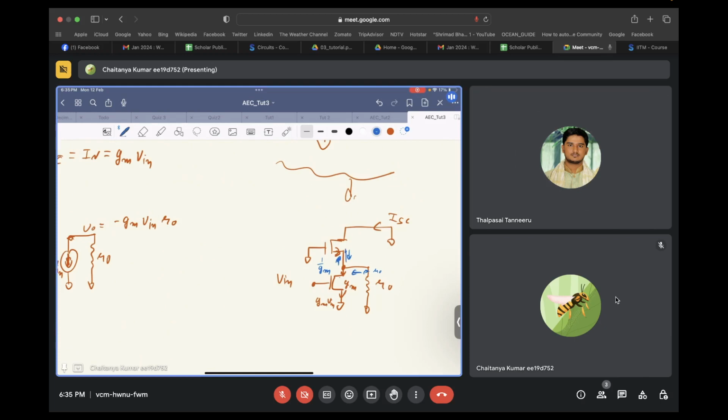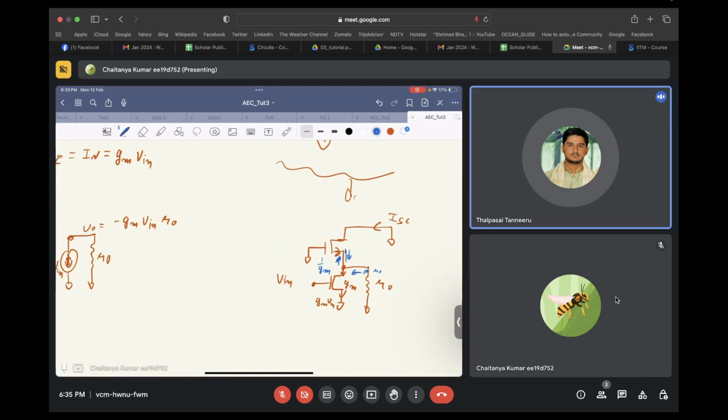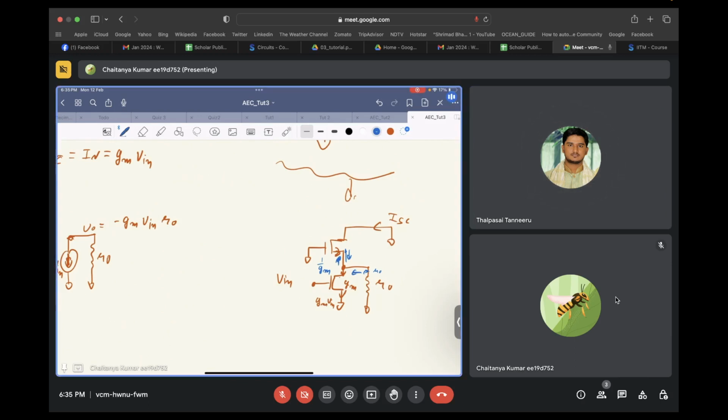One side it's 1 by gm, other side it's r naught. Then 1 by gm is very small as compared to r naught, so if gm ro is much greater than 1, then almost all the current will flow inside 1 by gm. Correct. Okay.